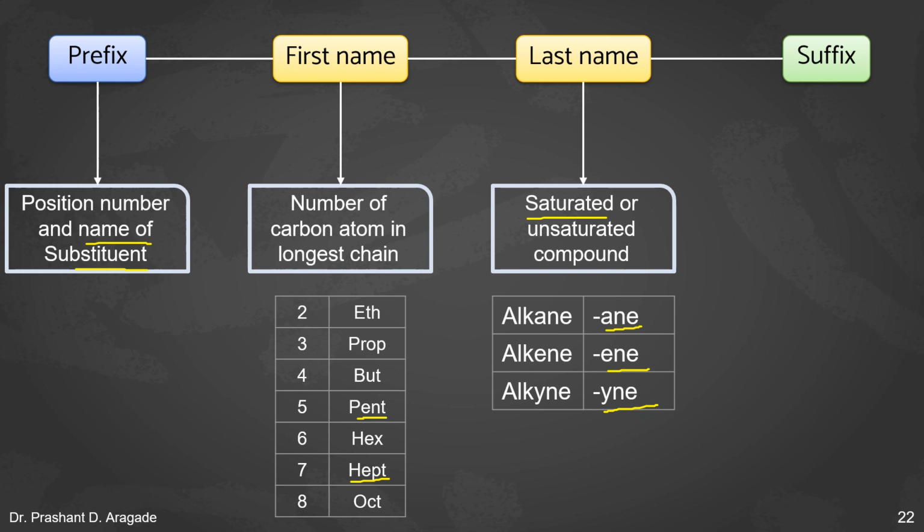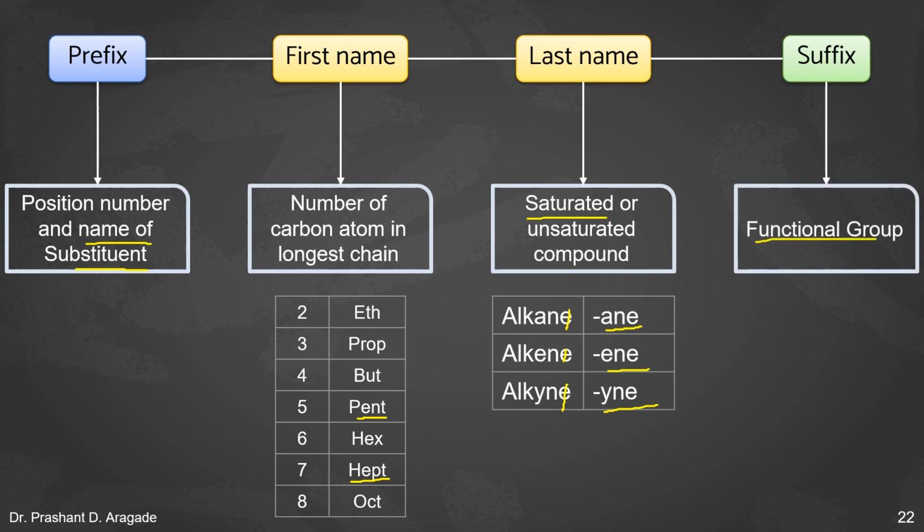Remember, the E of the last name is replaced with the suffix used for that particular functional group. If you follow this system to name the IUPAC name, then definitely your name will be correct. That is prefix, first name, last name and suffix.